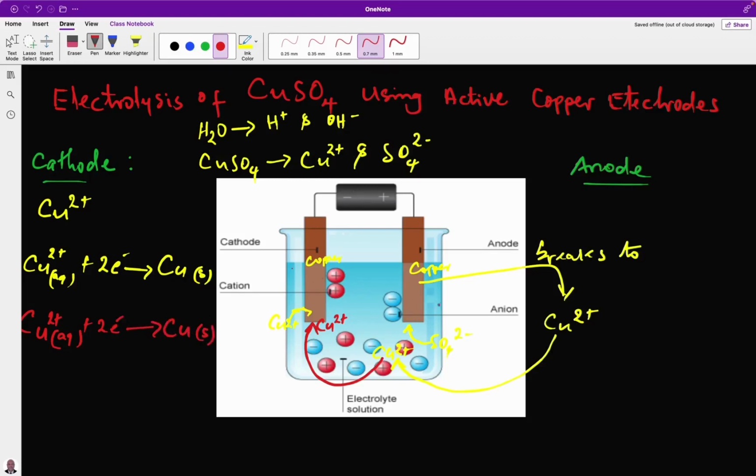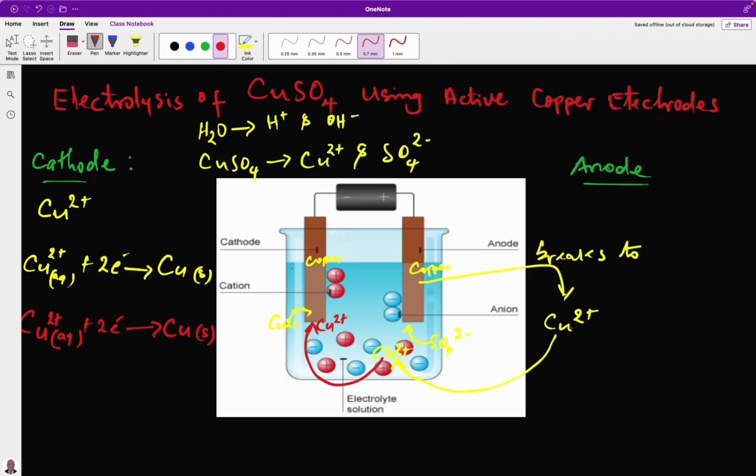Once more, the sulfate released in solution is not going to do anything because the electrode is active. Because the copper electrode is active, it will break and get into solution as copper ion.